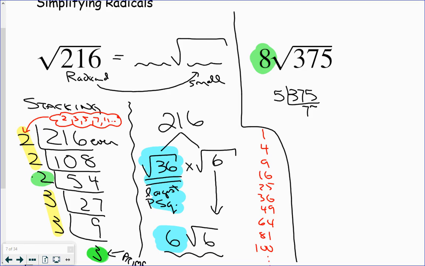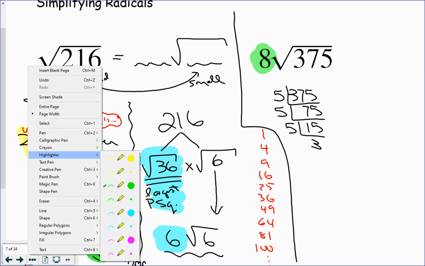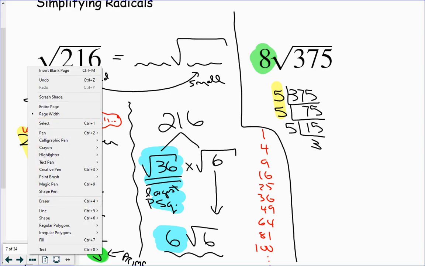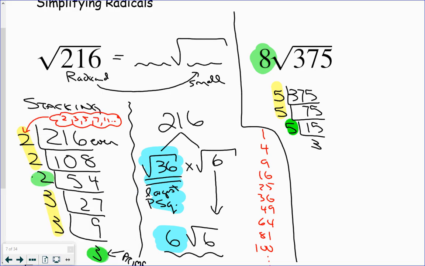So that's 75. What's a prime that goes into 75? 5. What's a prime that goes into 15? 5. Okay. So we have got a twin set, and we have got a couple of singles.